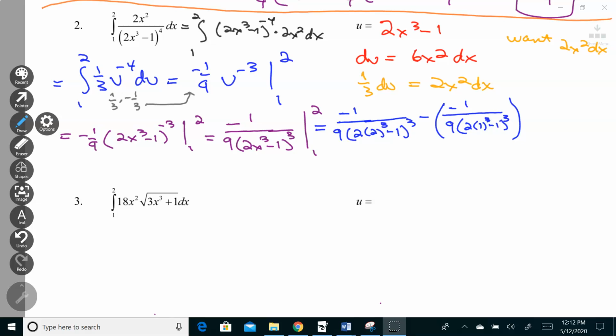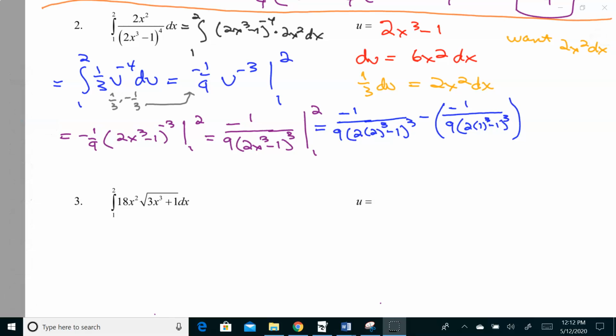So I made it negative 1/9 of the quantity 2x cubed minus 1 raised to the negative 3, evaluating from 1 to 2. But something raised to the negative 3 is really in the denominator. So I rewrote it as negative 1 over 9 times that whole quantity raised to the third, plugging in 1 and 2. And then I plugged in my upper and my lower. And now I'm going to evaluate. This is just using the calculator.